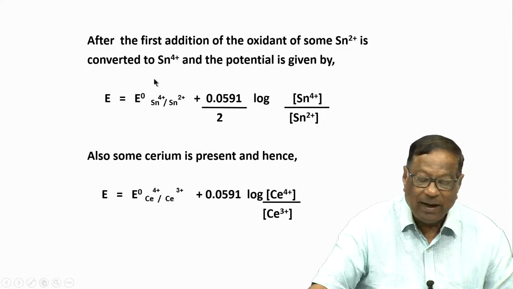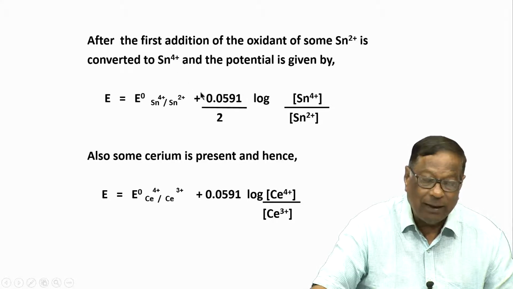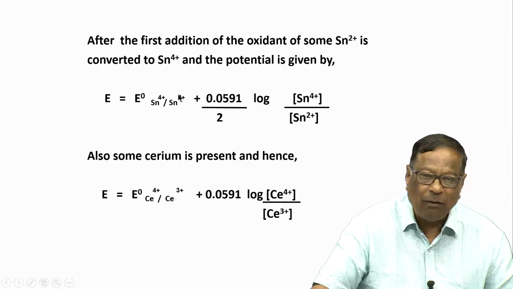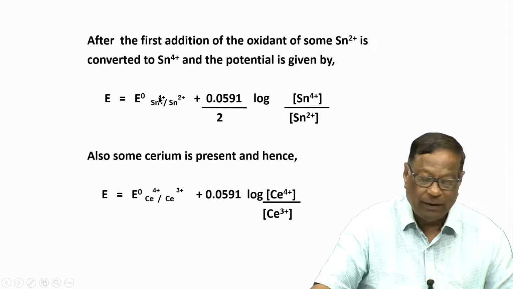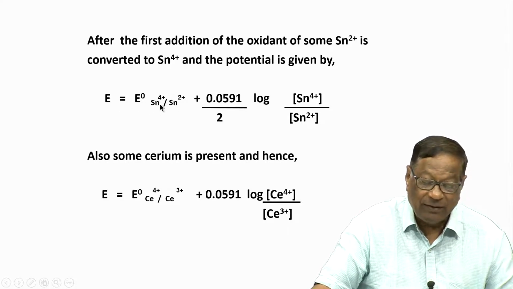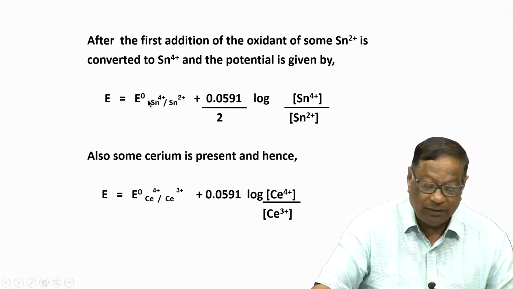Okay. Then after the first addition of the oxidant, that is ceric, some stannous is converted into stannic and the potential is given by the half cell potential E is equal to E naught of stannic to stannous, that is the standard reduction potential of the tin system available from database, plus 0.0591, it is a 2 electron reaction system.